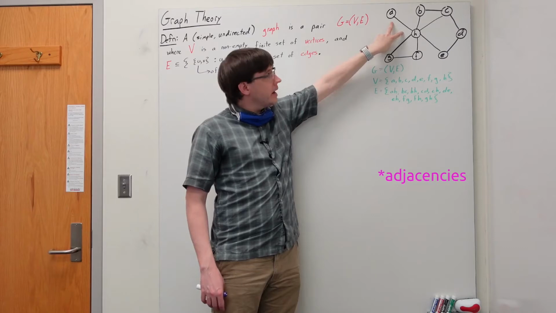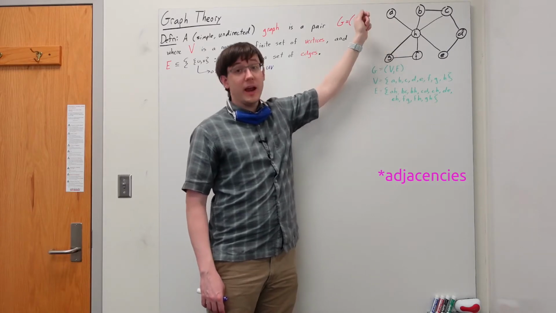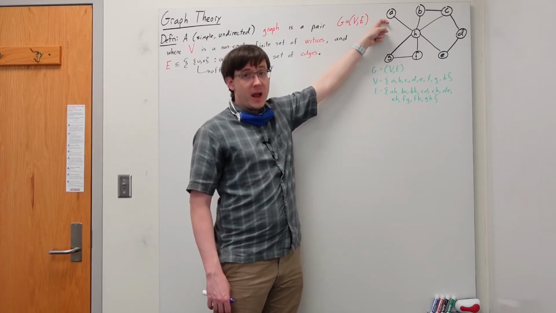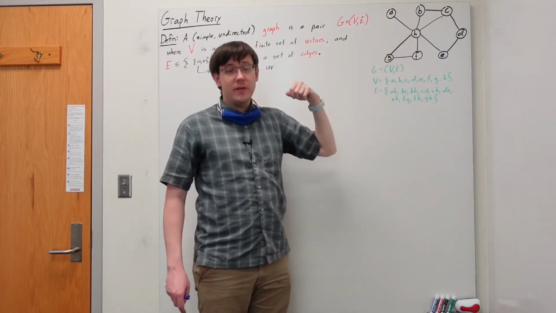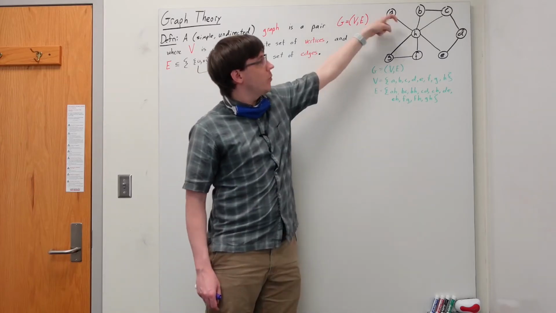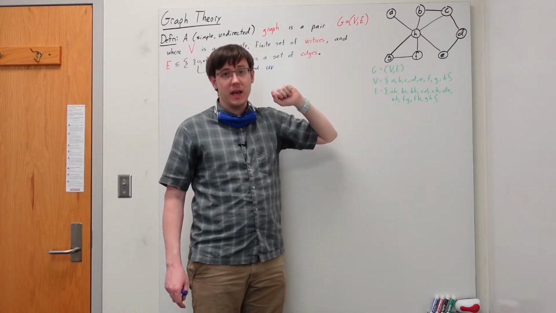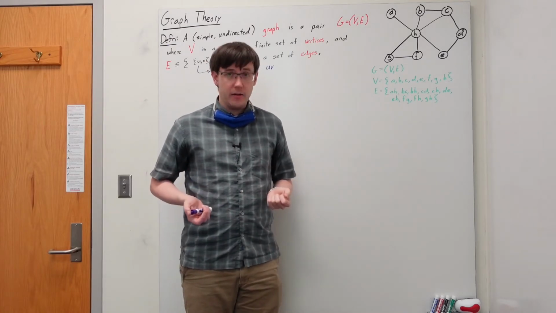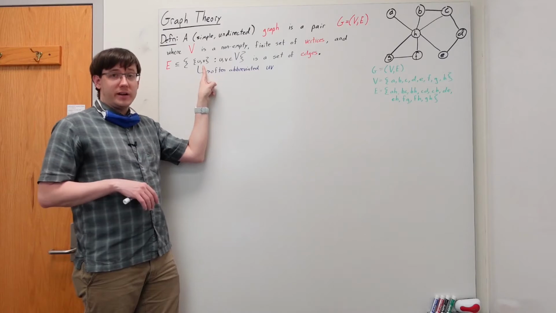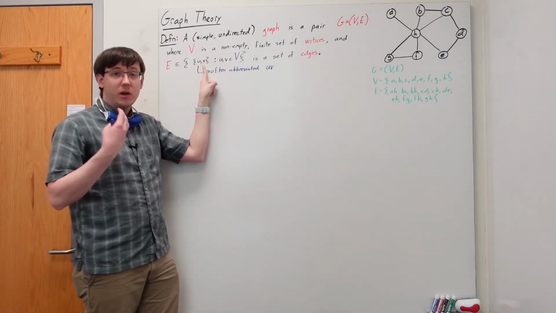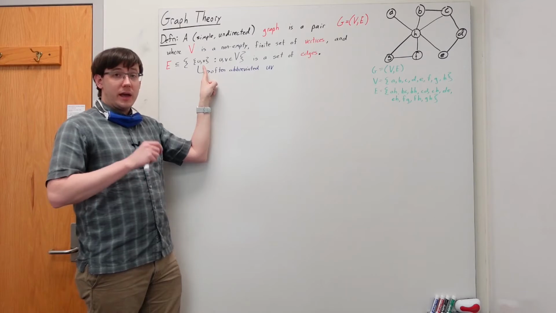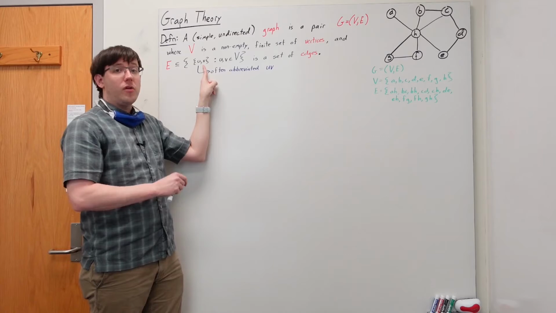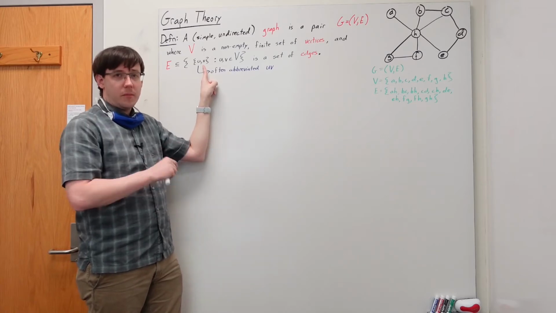If instead I drew these connections as arrows, where, for example, we had an arrow from A to H, that would indicate that there is a directed relationship between A and H, and that would give us a different type of graph. We would model a directed graph by having the edges be ordered pairs, where the edge A points to H would be a different ordered pair from the edge H points to A.